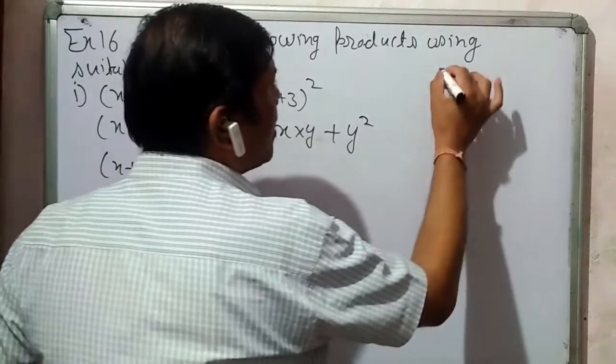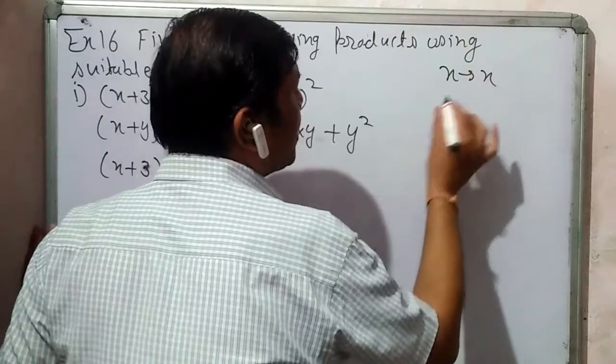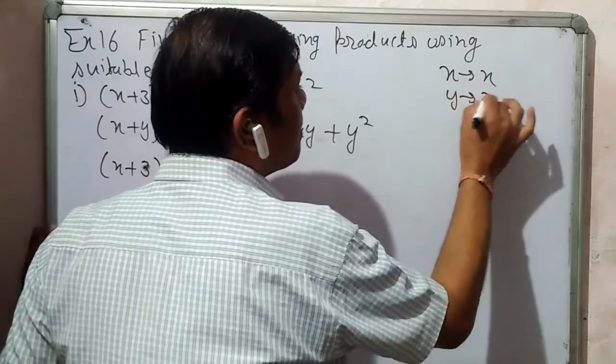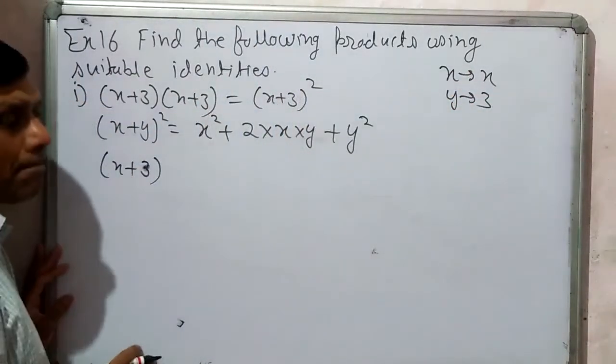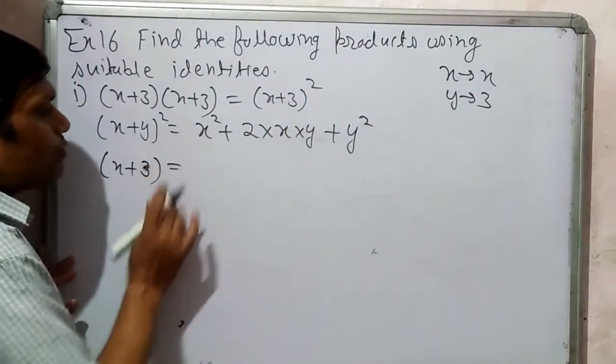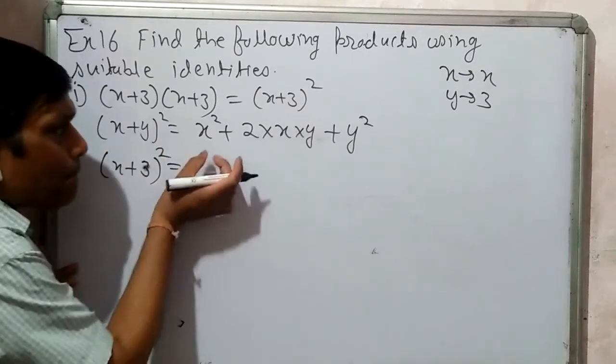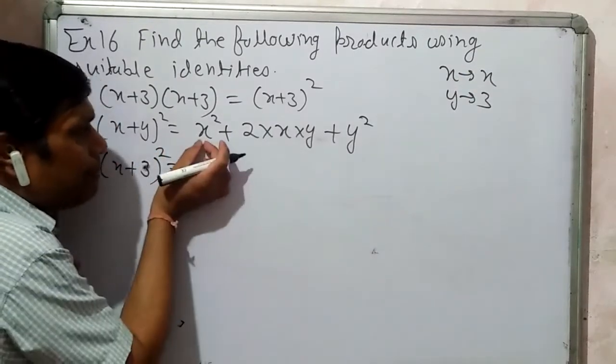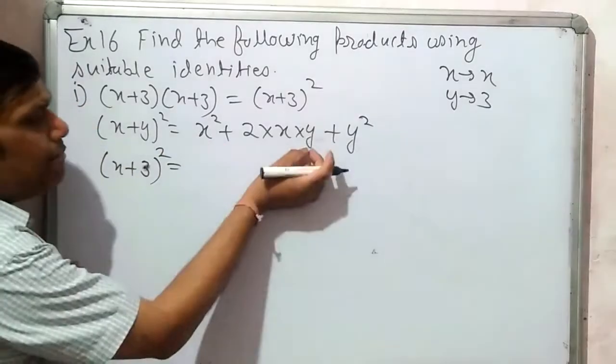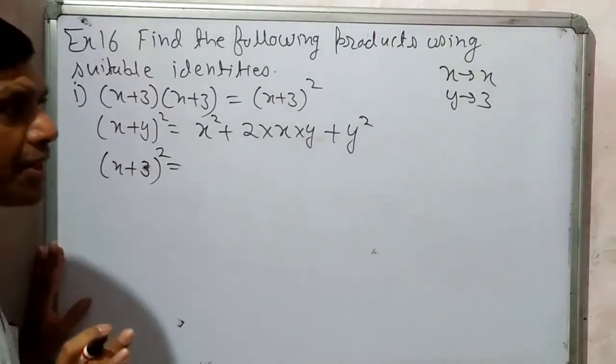So in the rough part I can represent x by x and y by 3. So for solving this (x plus 3) whole square, in this identity, in place of x I will put x and in place of y I will put 3.